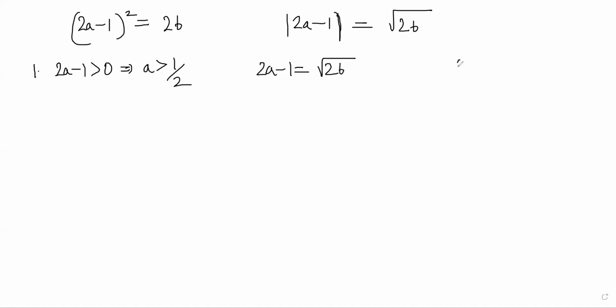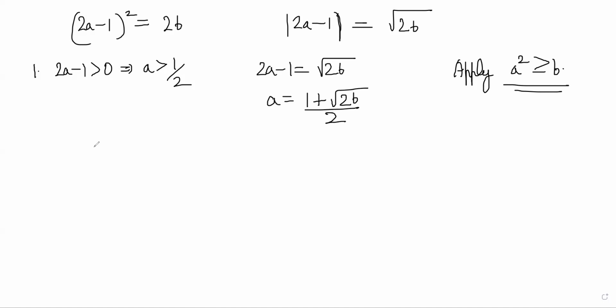And now we apply the a square is greater than or equal to b condition, which was for real roots. So from here we can say a is 1 plus root of 2b by 2, and a square, which is (1 plus root over 2b) whole square by 4, is greater than or equal to b.